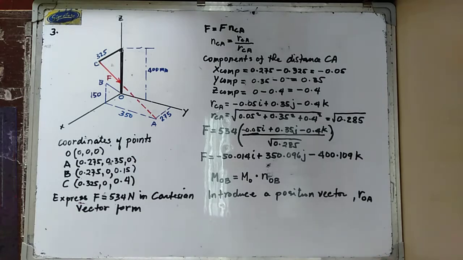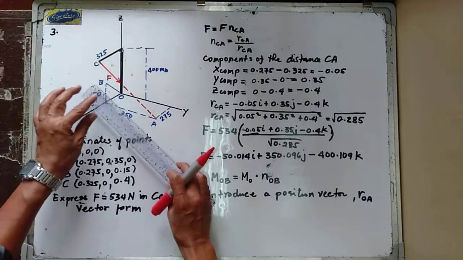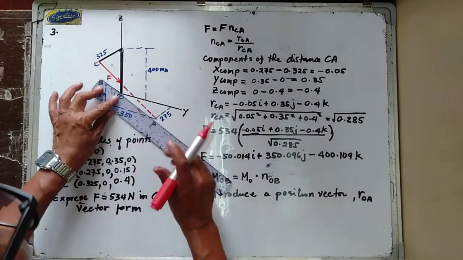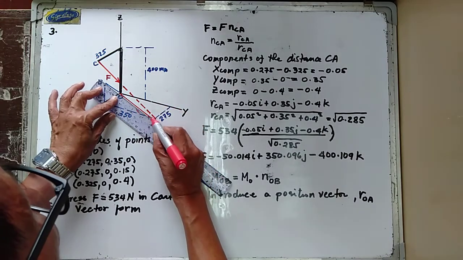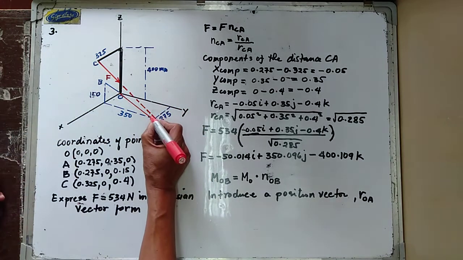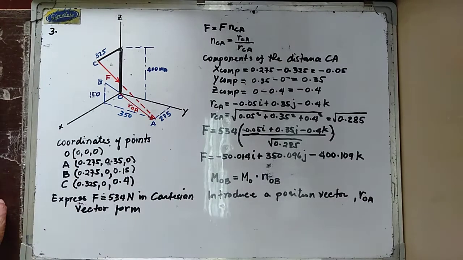So this is the position vector that is from point O to point A, originating from point O going to point A, the moment center. This is therefore the position vector ROA. How are we going to determine the position vector ROA?